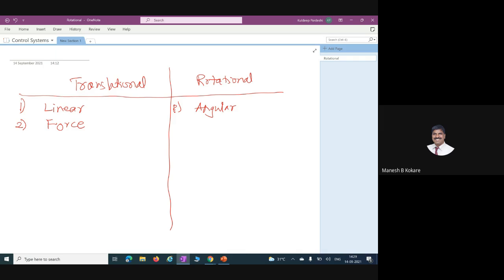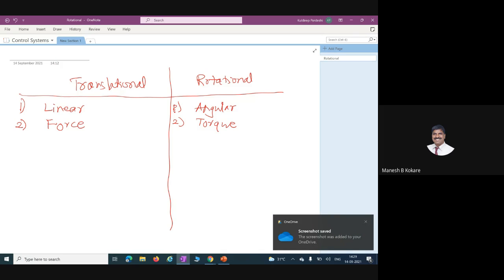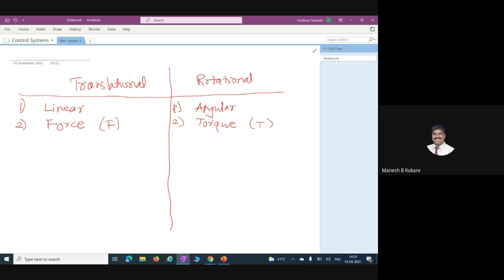Whereas in a rotational mechanical system, to get the rotation you need a torque. Equivalent to force, there is a torque. Force is represented by F, whereas torque is represented by T.